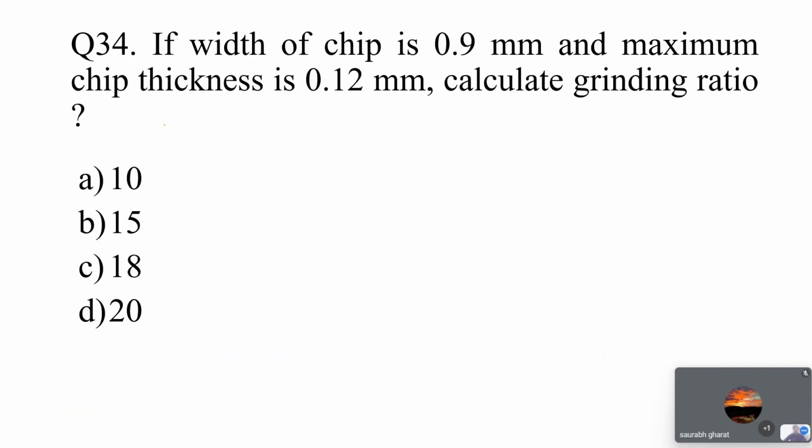In this problem, the width of the chip is 0.9 millimeter and the maximum chip thickness is 0.12. So width B is given as 0.9 and the maximum chip thickness, t1 max, is equal to 0.12 millimeter.